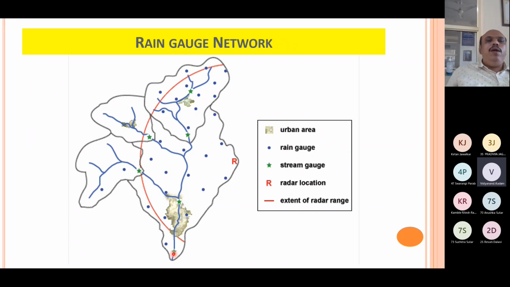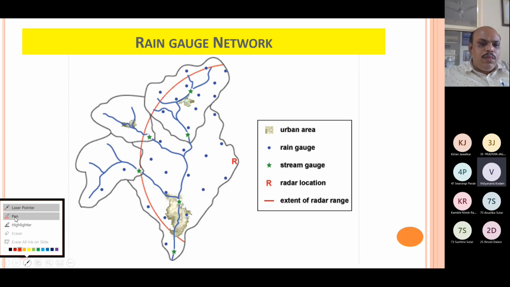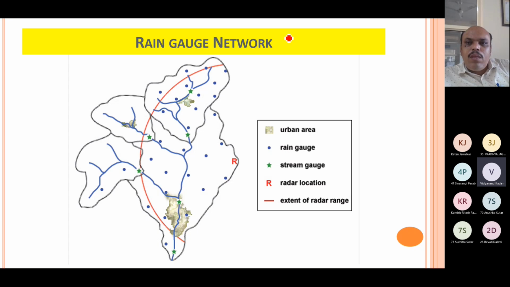Now let us come to the term rain gauge network again. There is a term rain gauge network or network density. So what is the meaning of the term network density or rain gauge network?